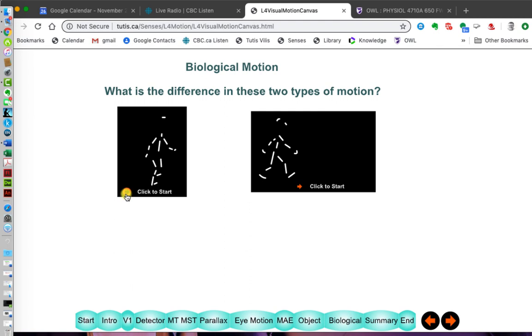What's interesting about this? So this thing could be a statue turning round and round. This thing is probably not a statue moving, okay? It's probably some human moving. So the brain is doing some amazing things here.